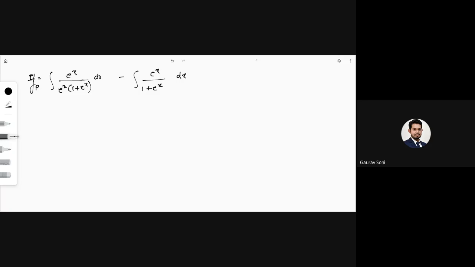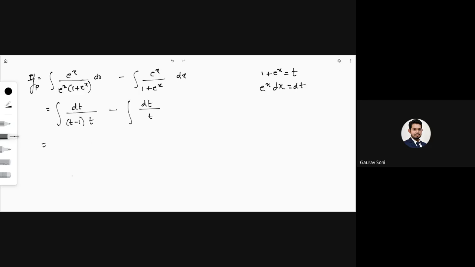So I will put 1 plus e to the power x as t. If you take the derivative of this, it will be e to the power x dx is equal to dt. So the first one turns out to be dt, e to the power x will be t minus 1 into t, minus integral dt by t.